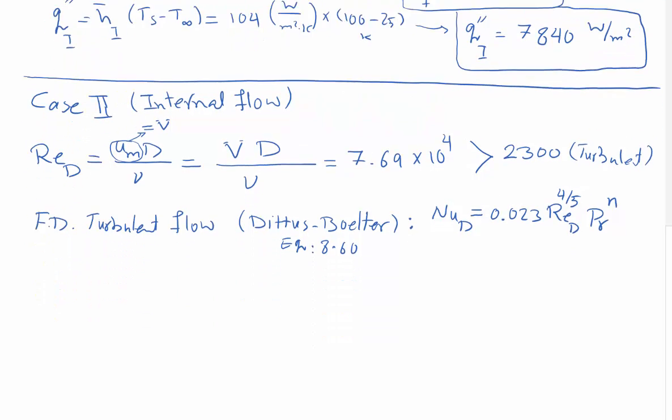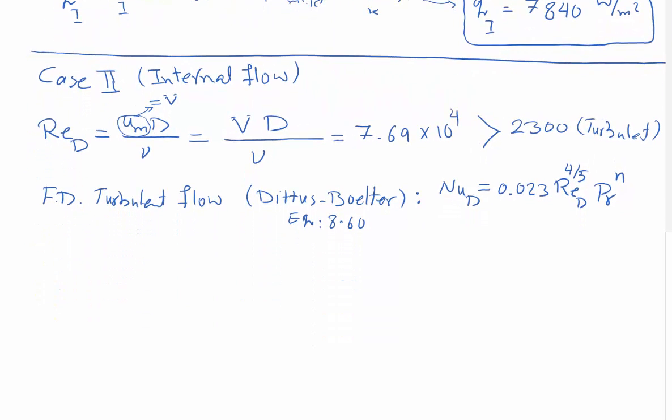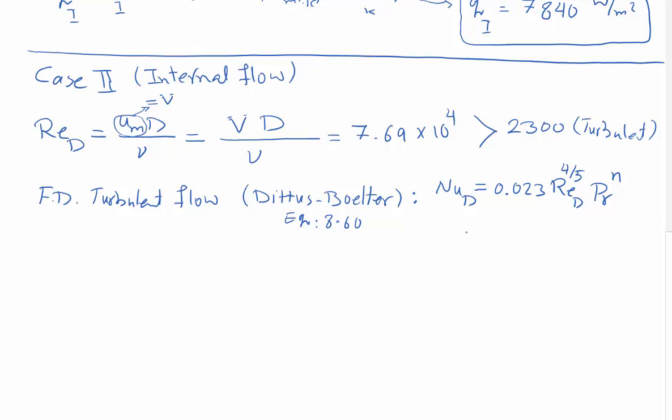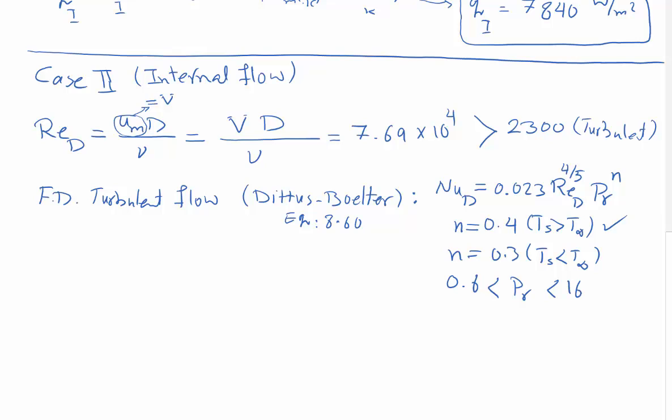There are certain conditions in order to apply this correlation. First of all, n is gonna be 0.4 if Ts is larger than T infinity, or n is 0.3 if Ts is smaller than T infinity. And since in this case T surface is larger than T infinity, we're gonna have n equals 0.4. The other conditions associated with Dittus-Boelter are Prandtl number should be between 0.6 and 160.